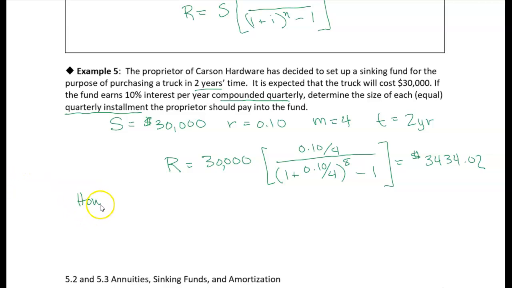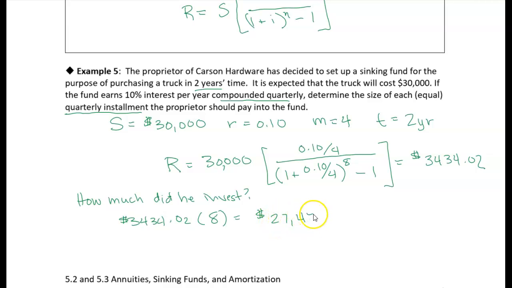Well, if he pays $3,434.02 times 8 periods, because it's four payments per year for 2 years, he'll end up paying in $27,472.16. Which then allows us to figure out how much he earned. How much money did he get for free? How much interest did he earn?